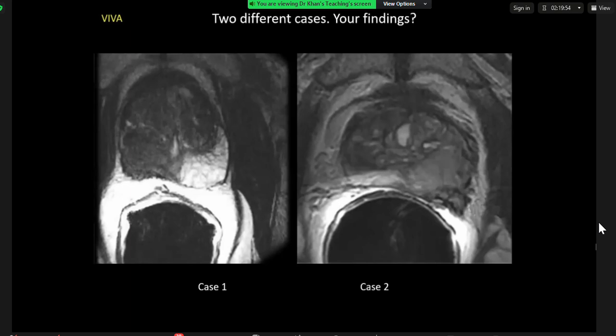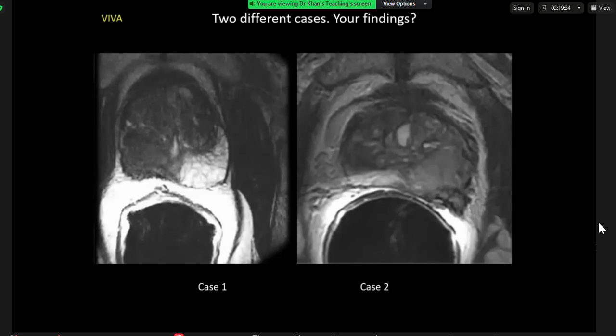There is irregularity of the capsule on that side also, and possibly some linear low signal extensions laterally at the 7 to 8 o'clock position.